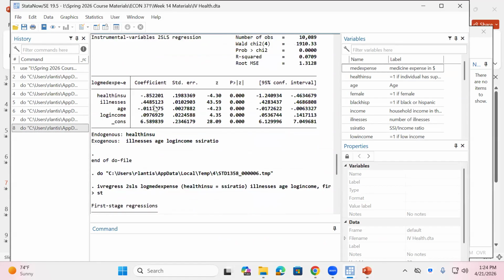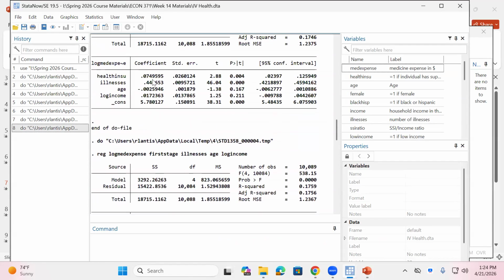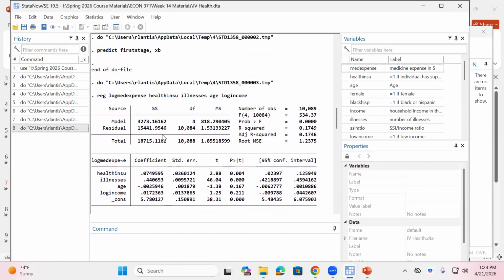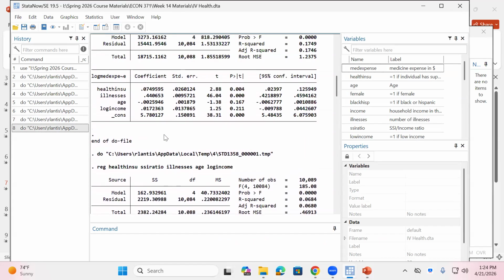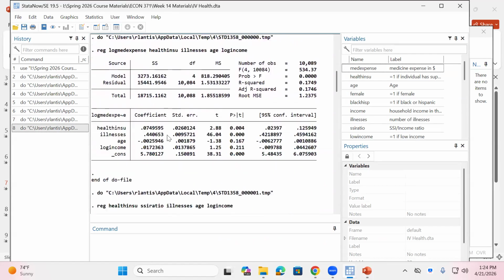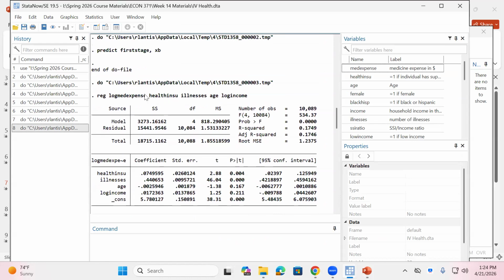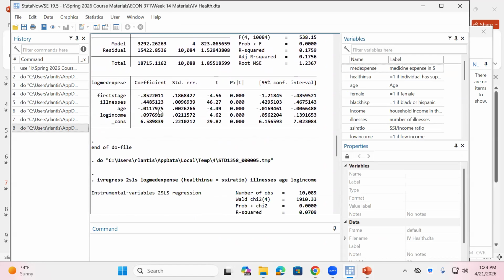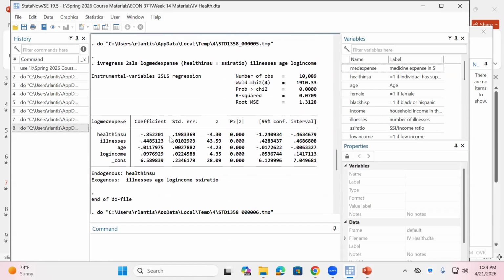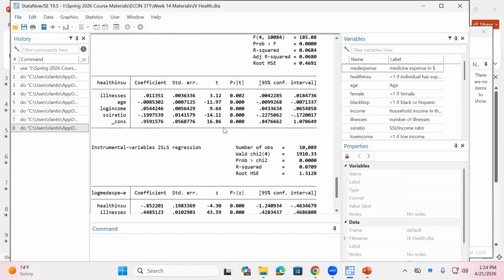Hopefully this is the exact same thing as when we did it. Oh, where did I do it before? Where's my first stage regression result? So I had medical expenses. Now I wanted health insurance. Oh, did I override it? Well, here it is, right?